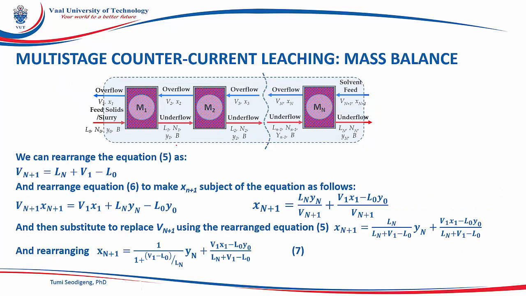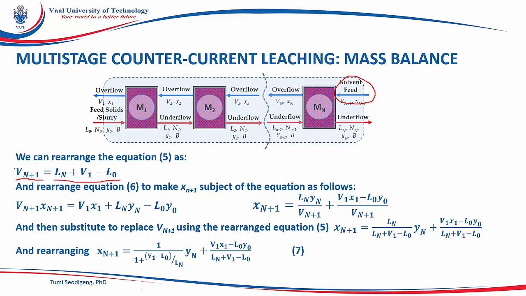We can now rearrange equation 5, which is the equation of the overall mass balance across the system boundary, in order to express the solvent feed in terms of the other three streams. So the solvent feed stream will be expressed in terms of the underflow, the overflow, and the solution in the slurry feed.